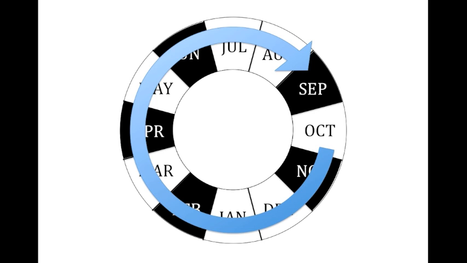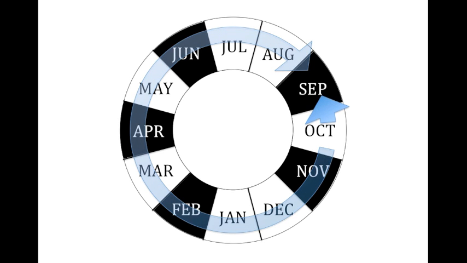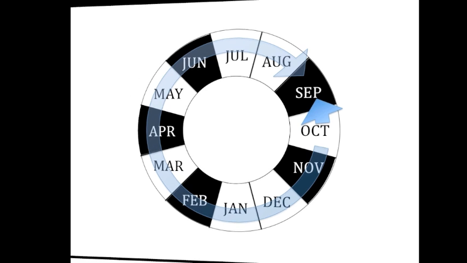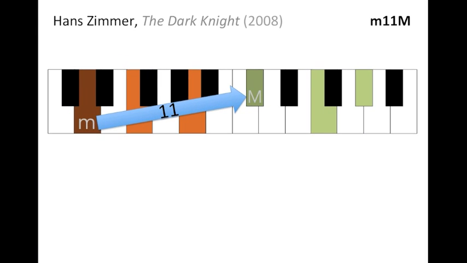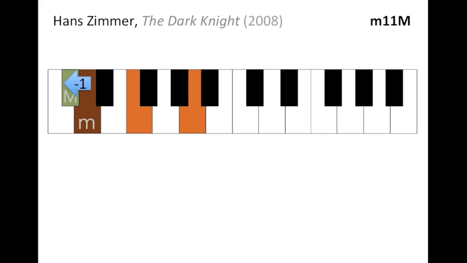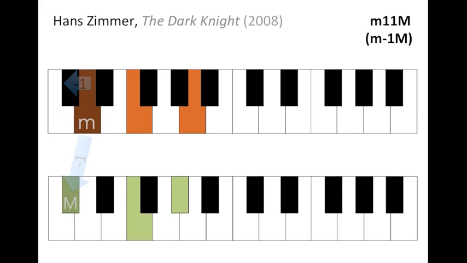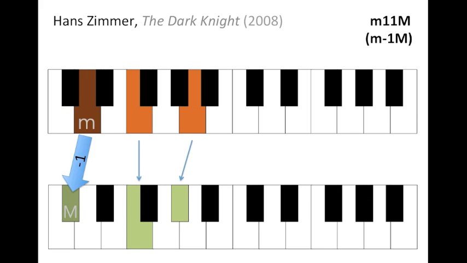So just like counting back 1 month is the same as counting forward 11 months, we can subtract 12 from 11 and kind of get the same music. Think of it like a minor -1 major. Like with Shore's music, this gets the pitches a whole lot closer together.